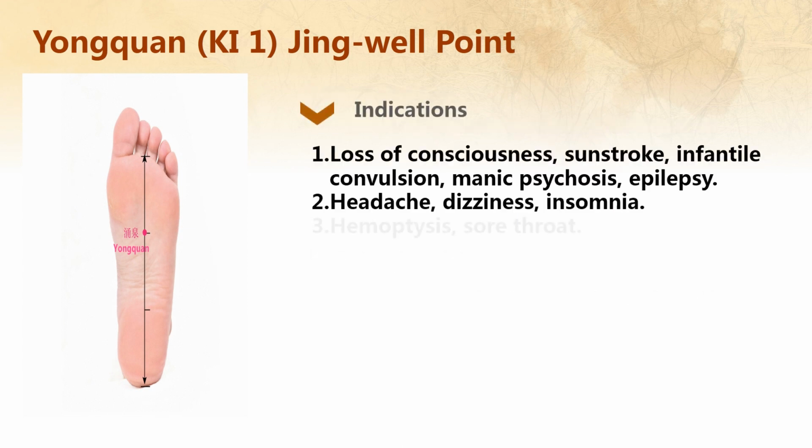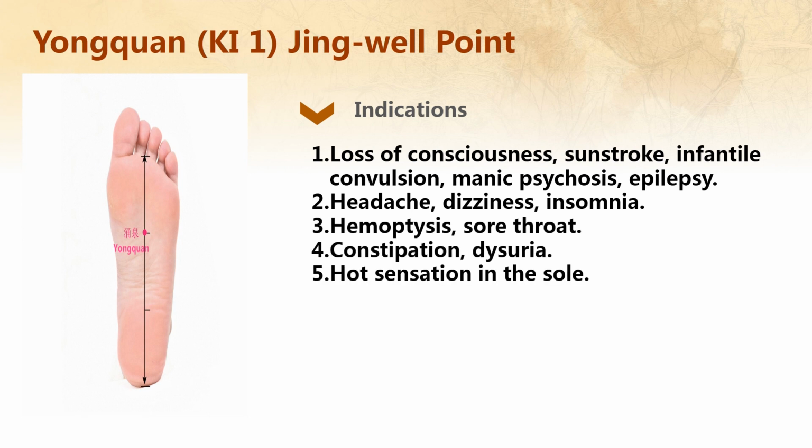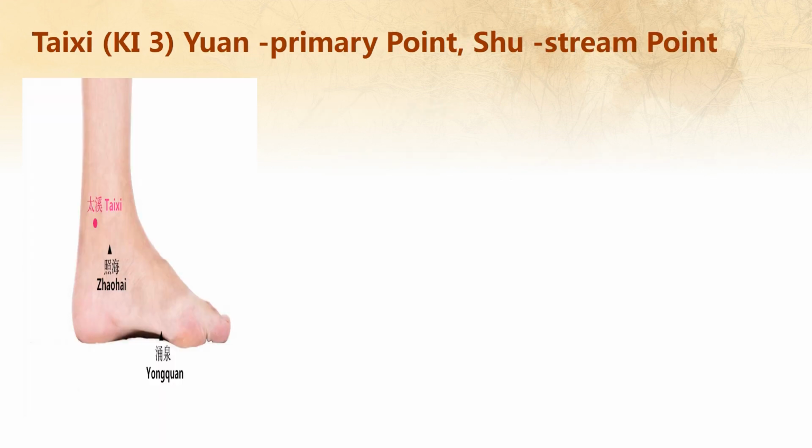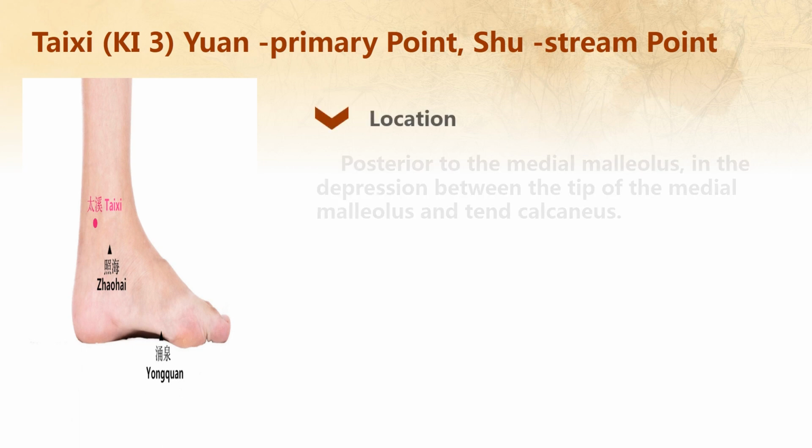The acupoint can cure loss of consciousness, sunstroke, infantile convulsion, manic psychosis, epilepsy, headache, dizziness, insomnia, hemoptysis, sore throat, constipation, dysuria, hot sensation in the soles. The operation method of this acupoint is perpendicular insertion 0.5 to 1 寸.